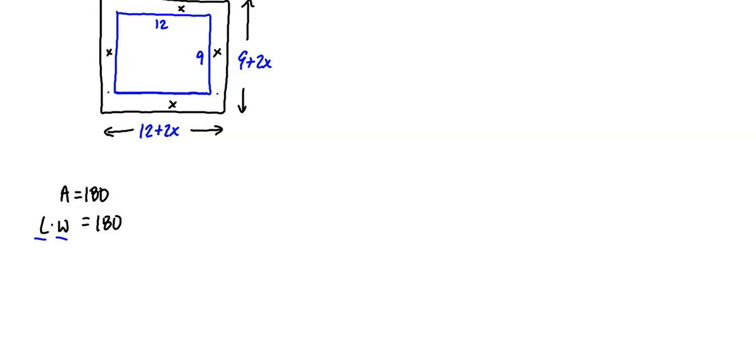So we FOIL it out, we expand, and we get 108 plus 24x plus another 18x plus 4x squared equals 180.